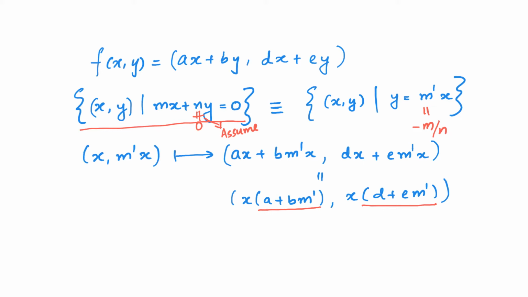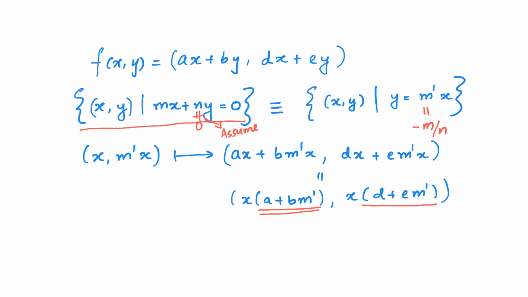Now the second possibility is that a + bm' is 0 but d + em' is not equal to 0. In this case, our line gets mapped to (0, some constant times x), which is the y-axis.